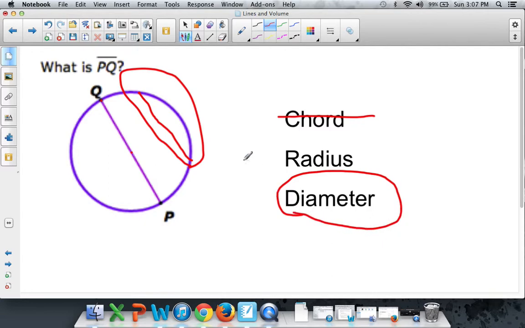Please remember that a radius starts on one side, goes to the middle of the circle, and then stops. But this line doesn't go to the middle and stop. It goes all the way to the end. So it's not a radius. It's a diameter. So one more time. Chords are lines that go from one end to the other.